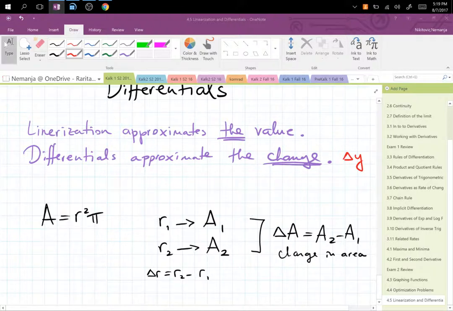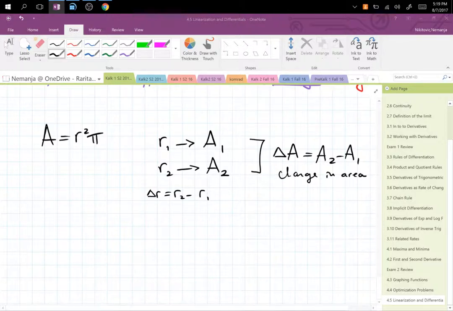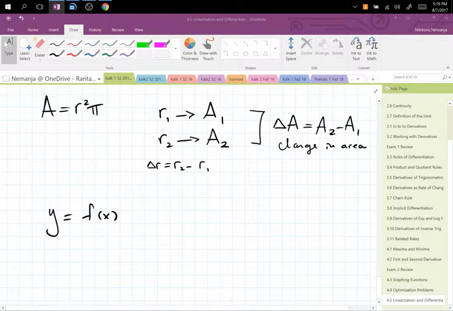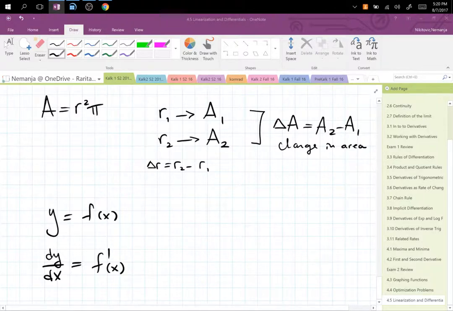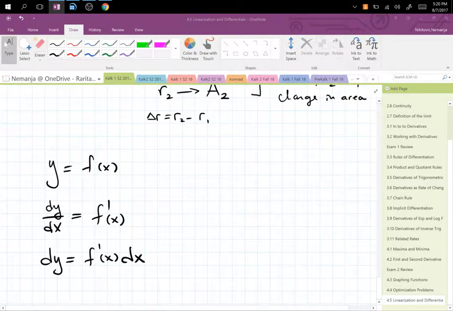Now let's derive the formula quickly. It's 2 lines. You know that you write y equals f of x. You differentiate both sides. One side you write in Leibniz notation, the other side is the modified Newton notation, and then you ship dx to the other side. Now, this is extremely important.